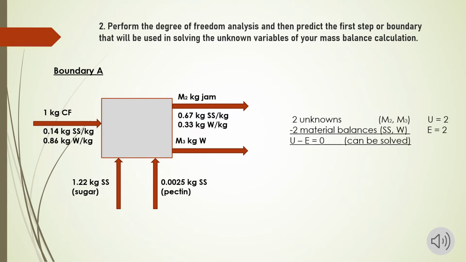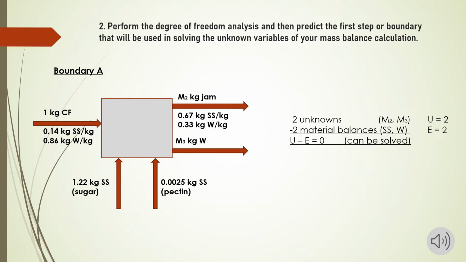In order to perform the degree of freedom analysis, DOF, we first list the unknowns, which are M2, mass of jam produced in the system, and M3, mass of water evaporated from the system, and the material balances SS, soluble solids, and W, water. We subtract the unknowns and material balances, which is 2 minus 2, we got 0.